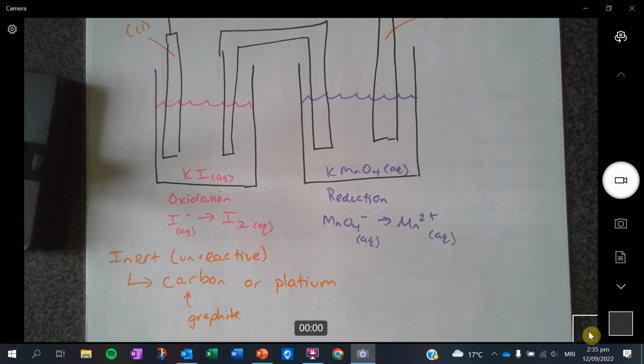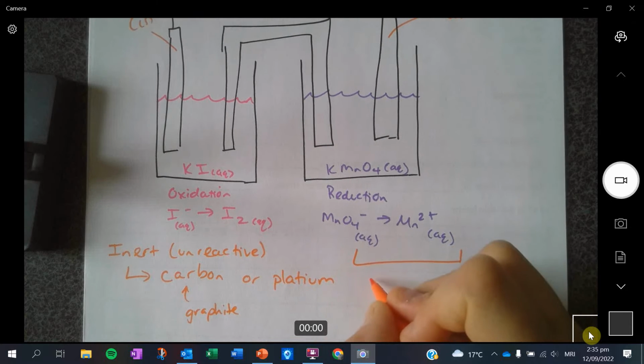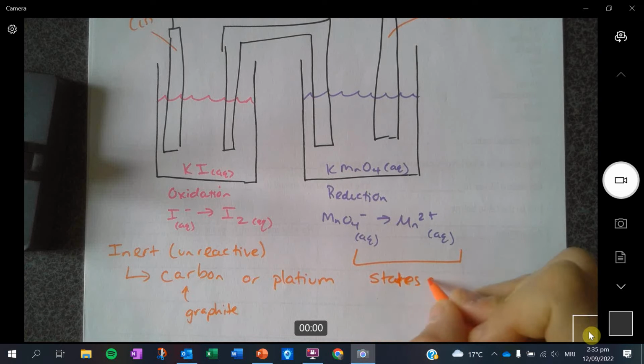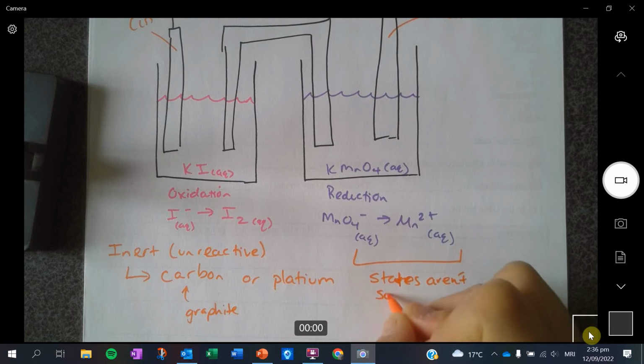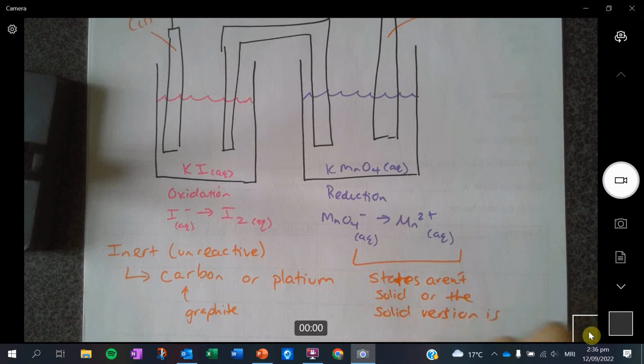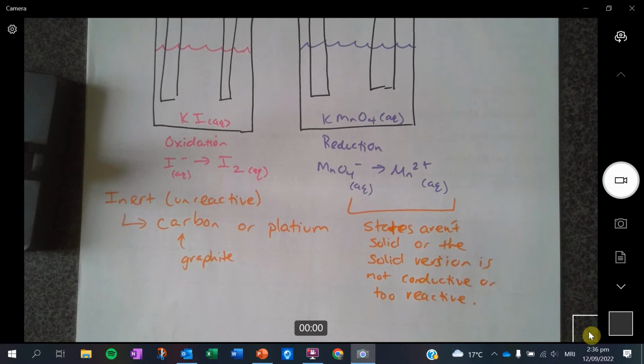States aren't solid, or the solid version is not conductive or too reactive. Move that up. So we good with that so far?